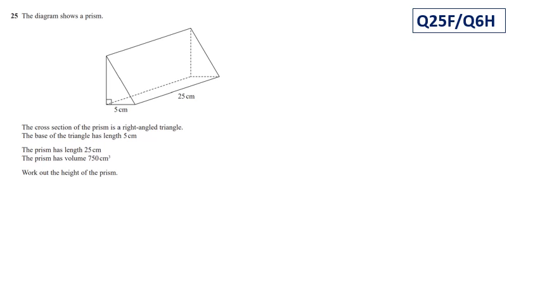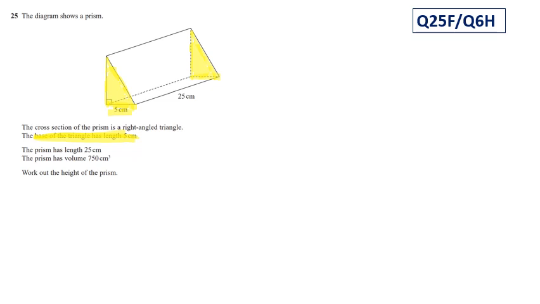So the first thing I'm going to do is highlight the cross section. Here's the right angle triangle, that's the cross section. There's two faces because it is a prism, and that means it has a uniform cross section running through it. We know that the length of the base is 5 centimeters. I'll highlight that on the diagram.